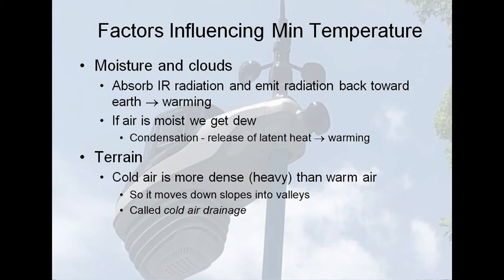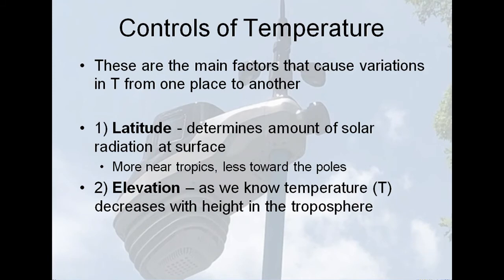And if you've got moisture available, as that cold air goes down the slopes into the valleys, it can create a little bit of mixing, bring that moisture up, and cool the surface temperatures in the valley pretty quick. Cool that temperature to the dew point, and then you'll get a fog layer, and that fog will just sit in the valley until the sun comes up and finally heats it up to dissipate the fog. So you get a lot of valley fog from that.